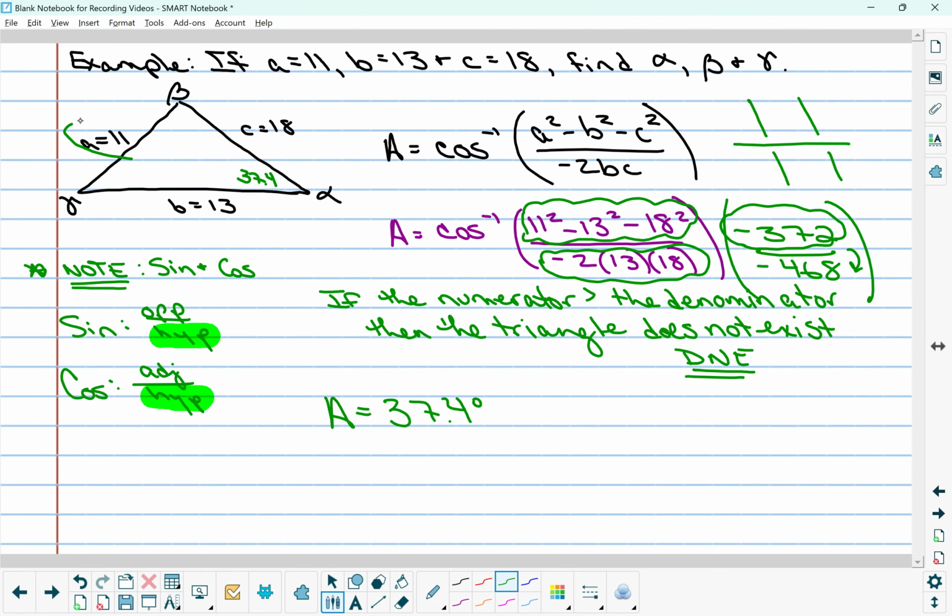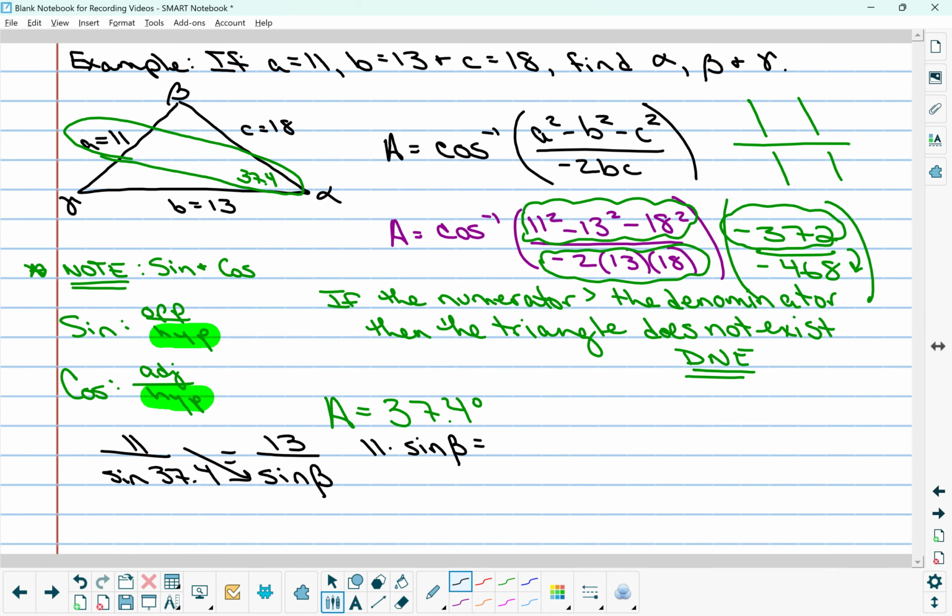Since I have this diagonal, I can do that. So I'm going to go little a, 11 over the sine of 37.4 is equal to b over the sine of b. So I have b over the sine of b. And then I'm going to go 11 times the sine of b is equal to 13 times the sine 37.4.